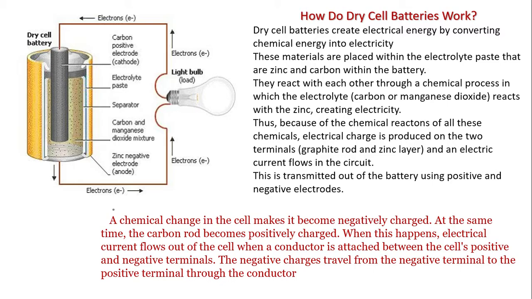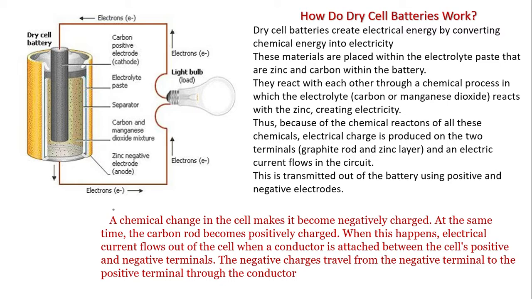Now the question arises, why must two electrodes of different materials be used? The answer is that we use electrodes of two different materials because they are conductors of electricity. And we know chemical elements differ in their ability to pull electrons towards them or give them up to other elements.